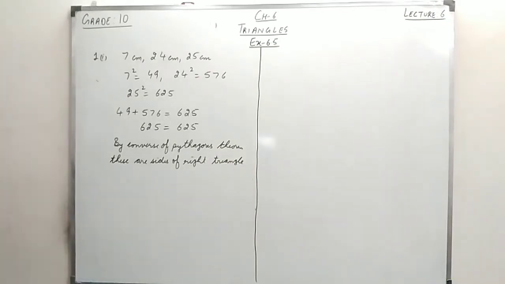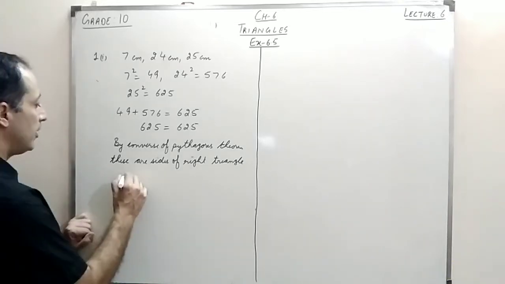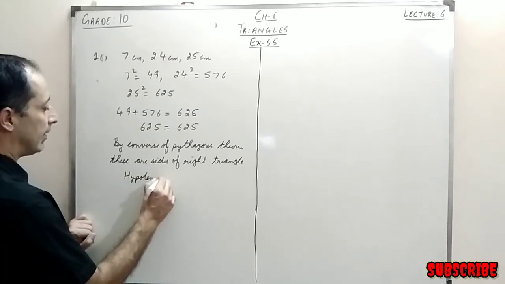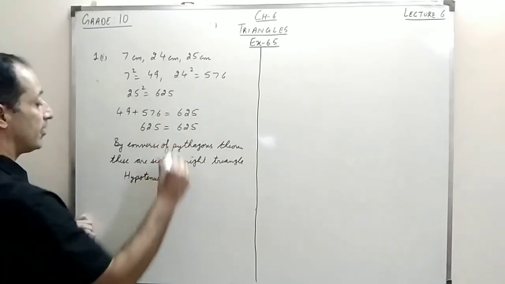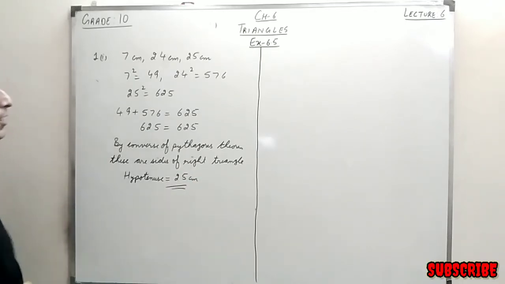Right, now they ask, if it is a right triangle, what should be the hypotenuse here? So obviously the longest side in a right angle triangle is the hypotenuse. So obviously the longest side is 25 centimeter. So here the hypotenuse would be 25 centimeter.